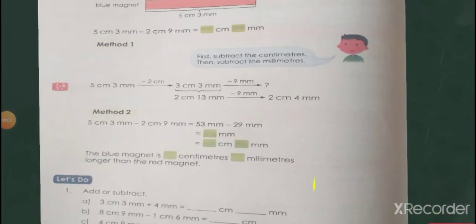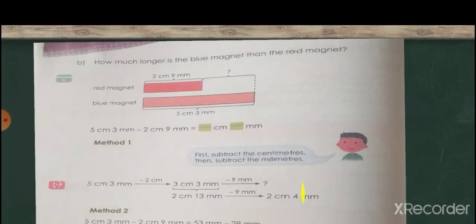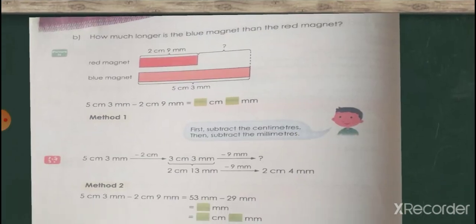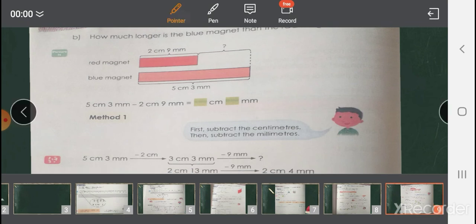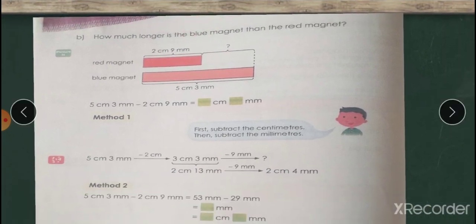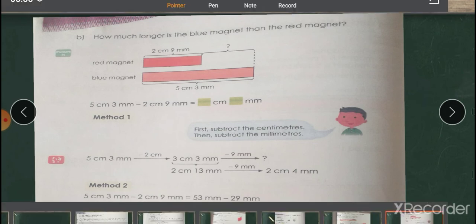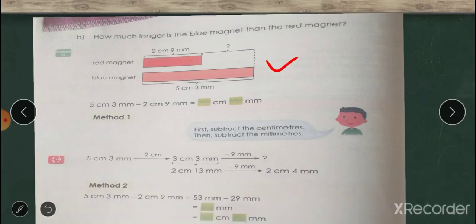We have to find how much longer the blue magnet is than the red magnet. Now, how much longer is the blue magnet than the red magnet? So, we can draw a bar model of the magnets. Look at the comparison bar model that is shown on the same page.